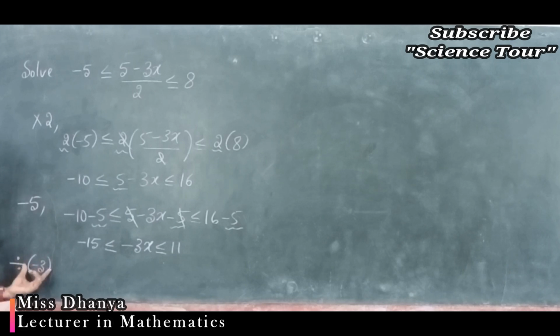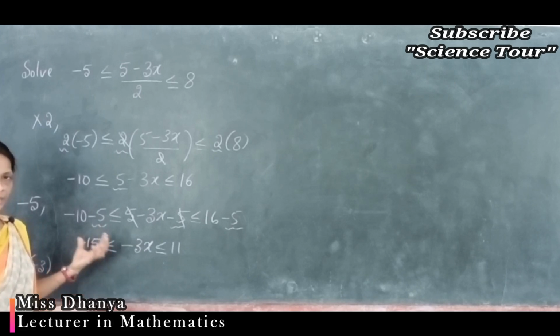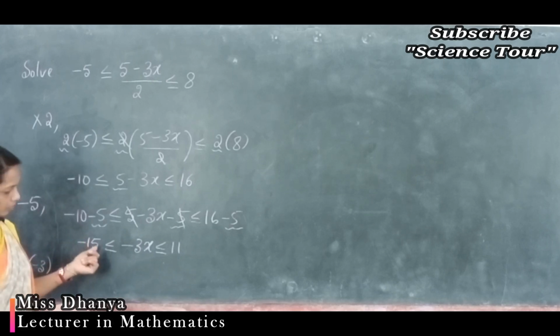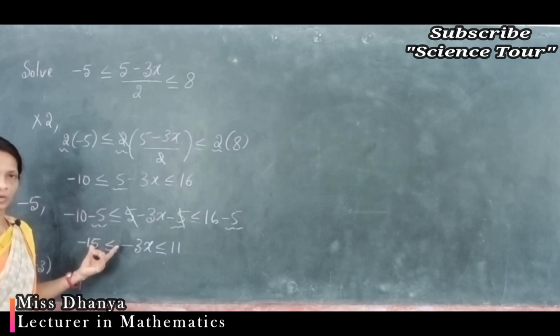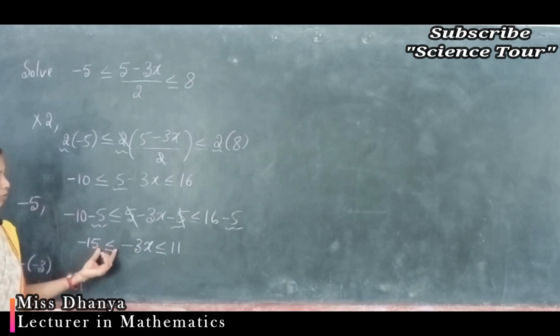Because we are dividing by a negative number, you have to reverse the sign of the inequality. Always, if you are multiplying or dividing by a negative number, then without forgetting you have to reverse the symbol of the inequality. Less than or equal to, you have to reverse as greater than or equal to.